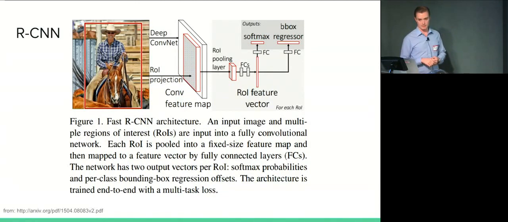Essentially they have a fixed number of buckets they want to max pool into, and change the size of the pooling for the layer based on the size of that layer and the size of the output. So it's essentially rescaling it in the max pool section. And then you're just fed through your normal fully connected layers to do your softmax output classification, as well as the bounding box fine tuning.